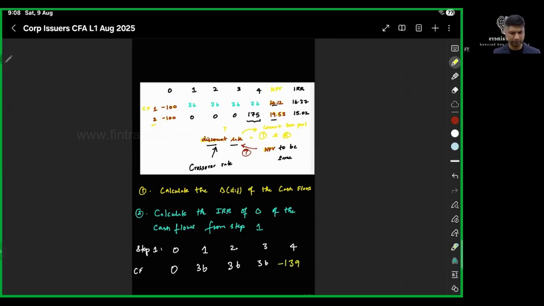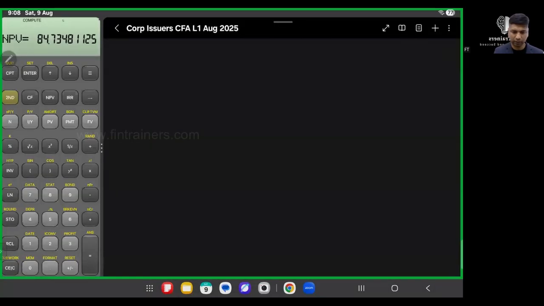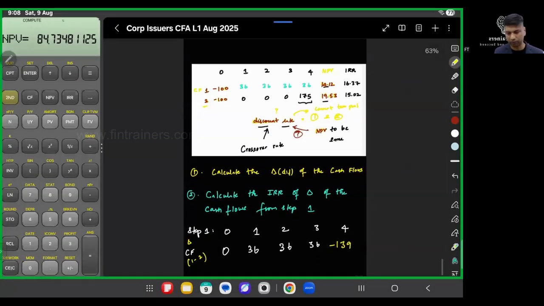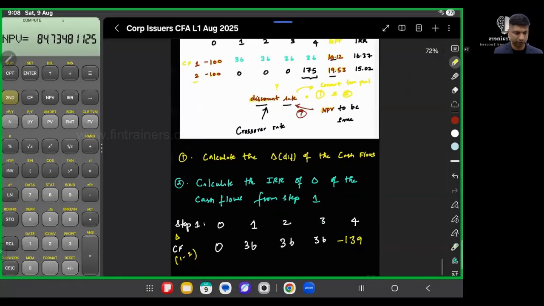Now this is the first step. Then calculate the IRR of this delta of the cash flow. I did 1 minus 2; you can also do 2 minus 1. You can do this along with me to save time. Punch in your values in your cash flow sheet. CF0 is 0. CF1 is 36. Enter down. Then again 36, again 36, then minus 139.